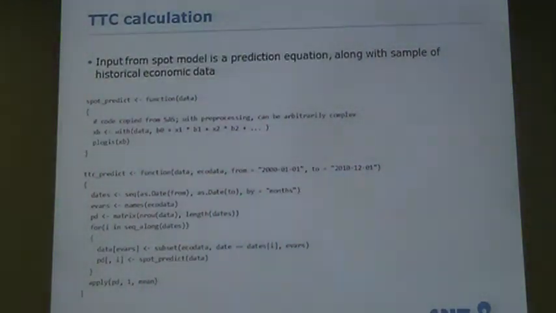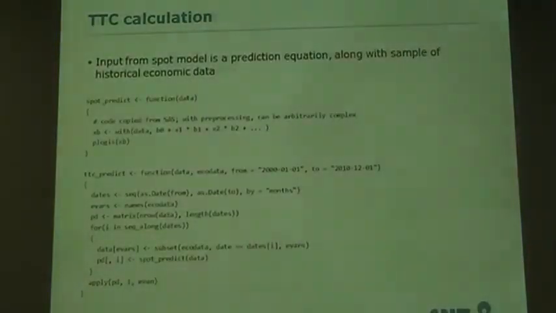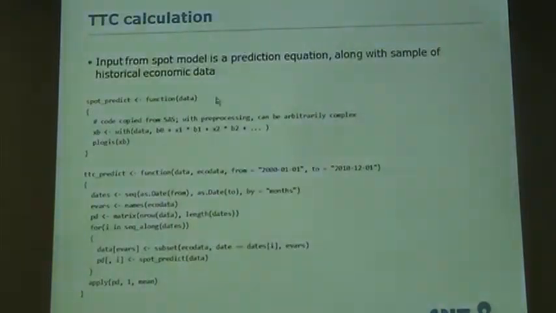Hopefully everyone here knows what the apply thing does. Oh, okay, right. Apply basically means, given a matrix-like object, in this case PD is a matrix, I have one row for each observation, for each customer, and one column for each point in time.